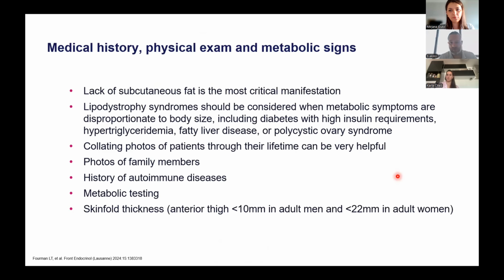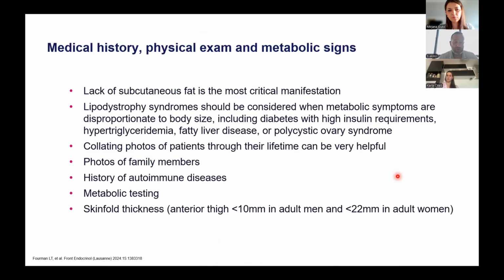That's why if you have other family members with the same phenotype, that can help you to diagnose them. For acquired versions, autoimmunity could be something that can help. And you have to do metabolic testing, right? Just to see whether there are metabolic abnormalities in the context of what you're looking for.